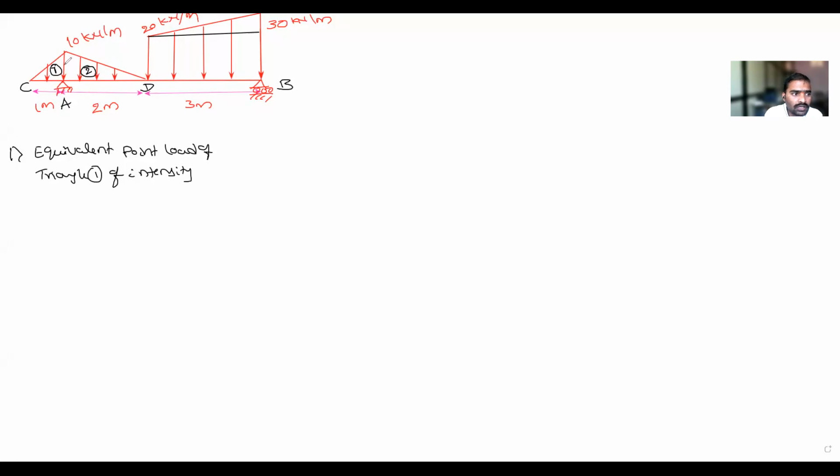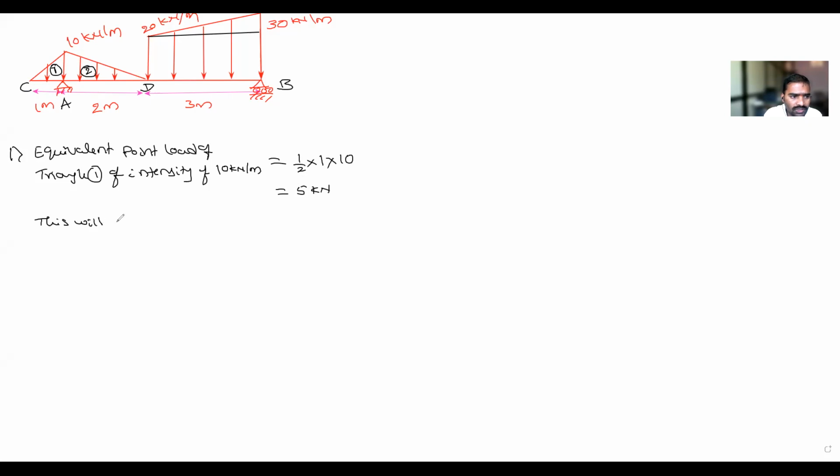This 10 kilonewton is same for triangle 1 and triangle 2. What is the equivalent point load of the triangular loading? What is the formula? Half base into height. What is the base of triangle 1? 1 meter. Into what is the height of triangle 1? 10 kilonewton per meter. So I will get 5 kilonewton. This will act.